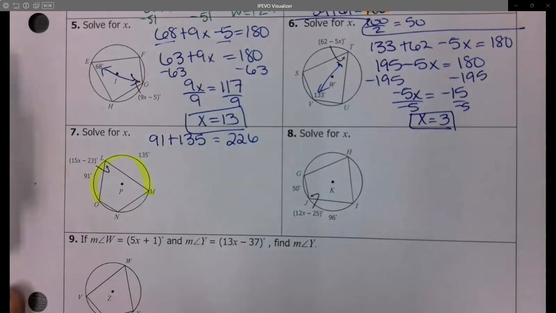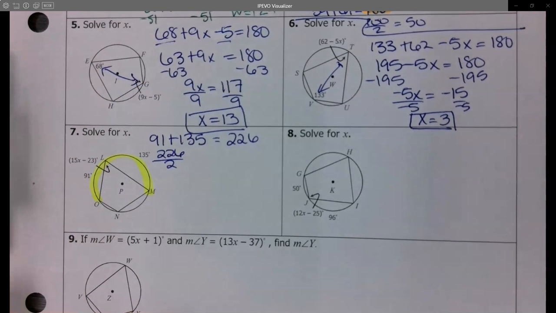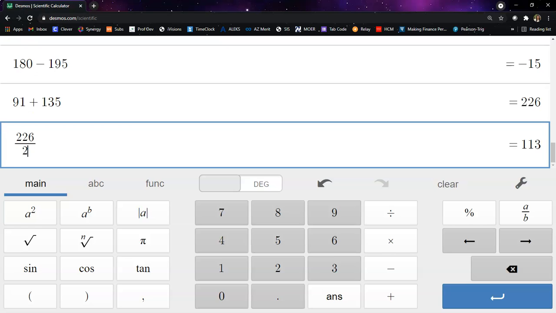Then I want to go ahead and divide 226 to find out my measure of angle n. So then I want to go ahead and divide that, which gets me 113.